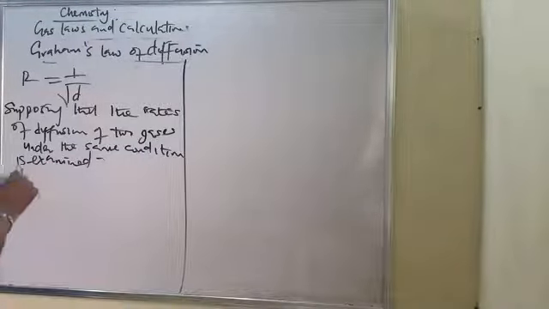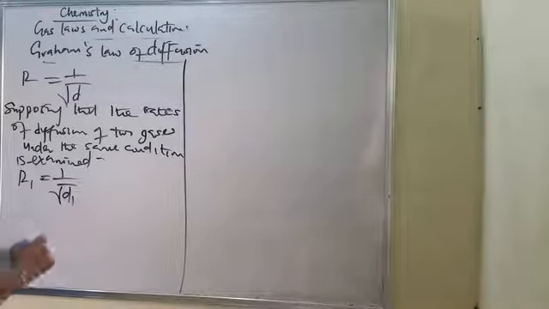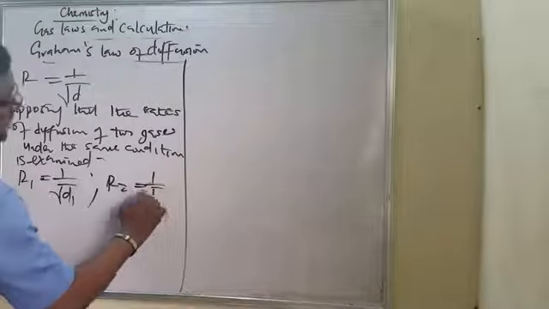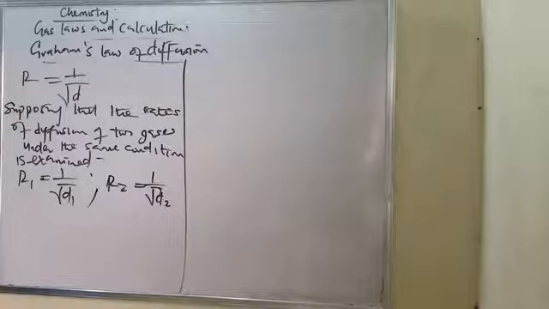So that means the first one, R1, is equal to 1 over the square root of D1. Then the second one, R2, will be equal to 1 over the square root of D2.